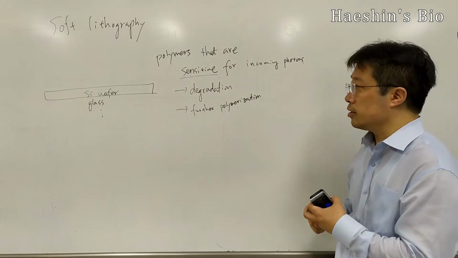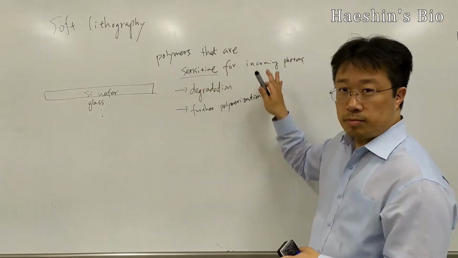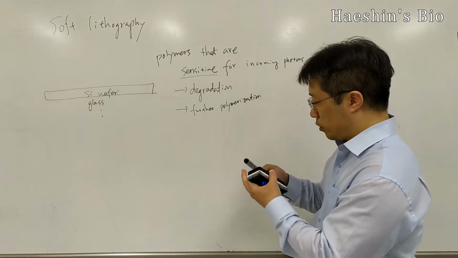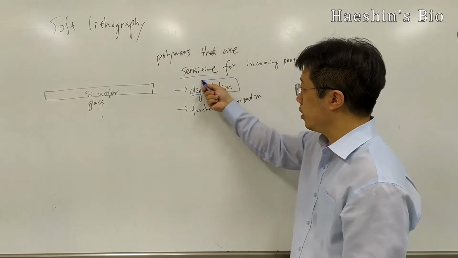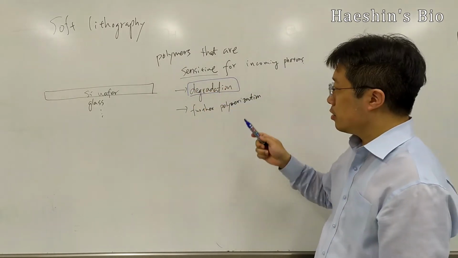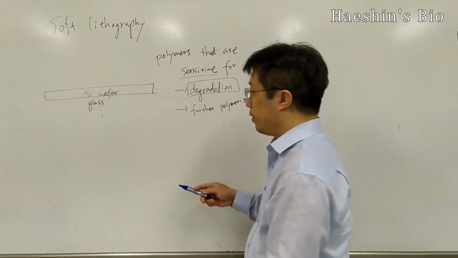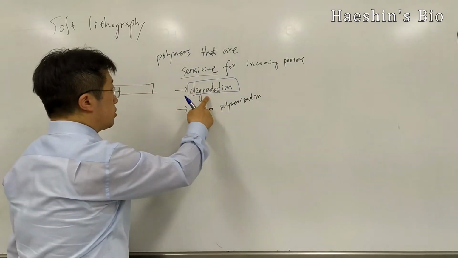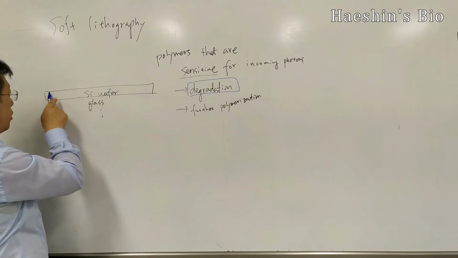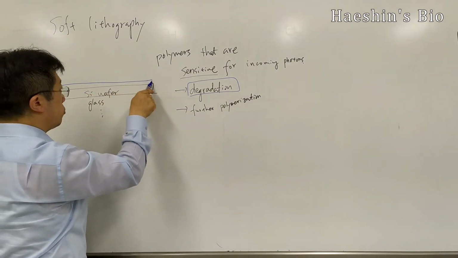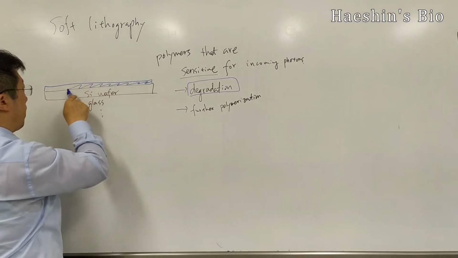If you understand this part, let's begin with case number 1, the degradation case. So if you have possibly degrading polymers, you coat them here.